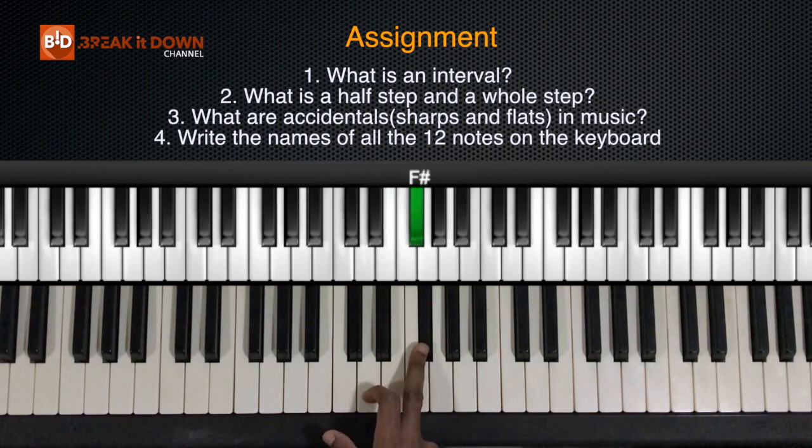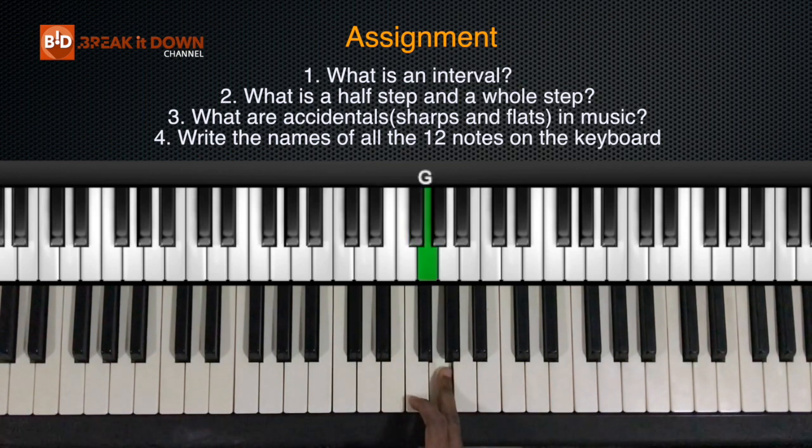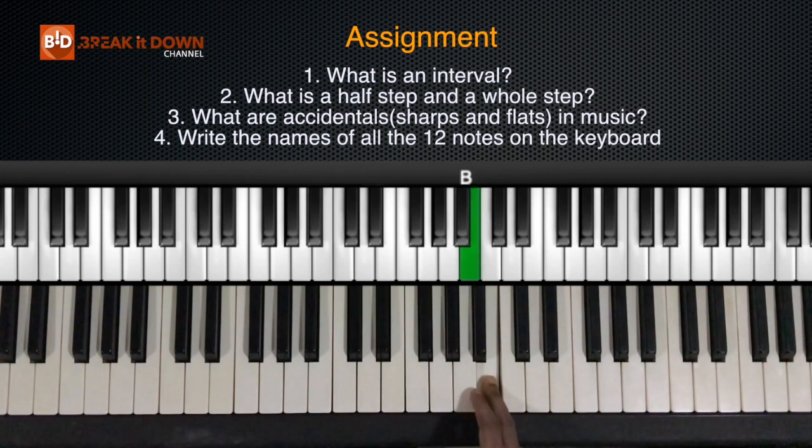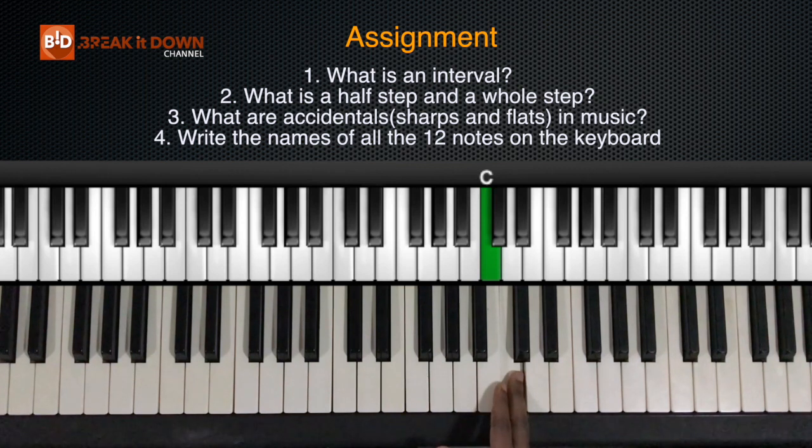An F sharp or a G flat, a G. What would this be? A G sharp or an A flat, an A, and then an A sharp or a B flat. We have a B, and then we have a C.